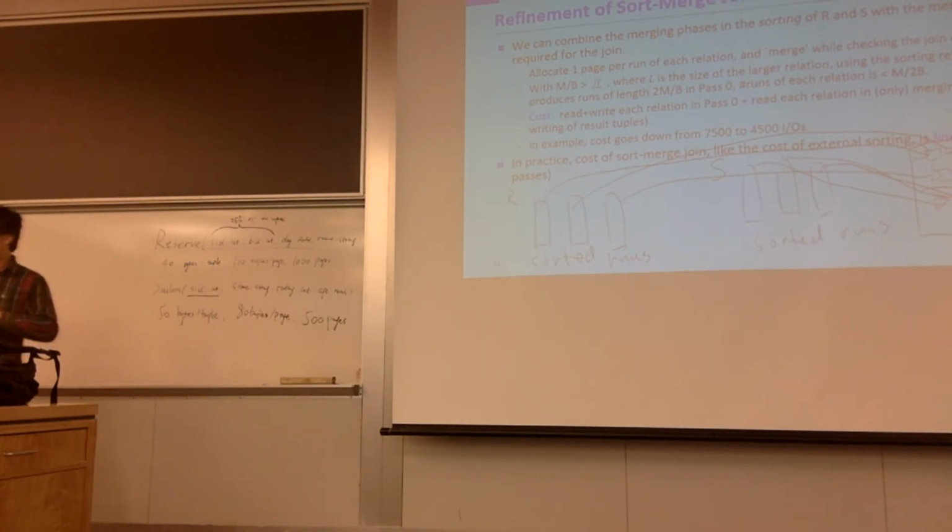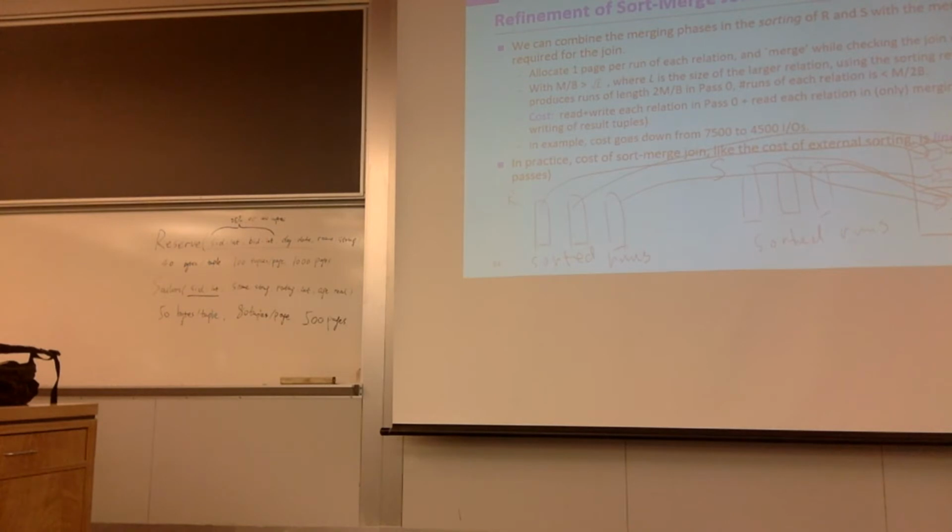Okay. After that, if you have matching keys, then you need to increment the key in S. So you basically discard the tuple 5 here. You try to find the smallest key among the runs in S. Then you extract the key out of the next tuple.